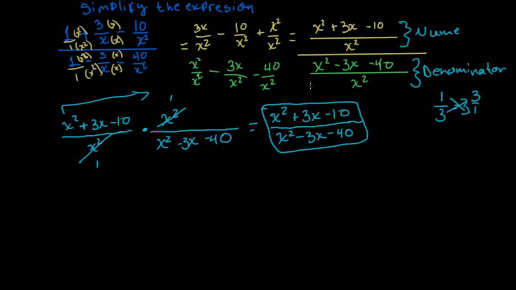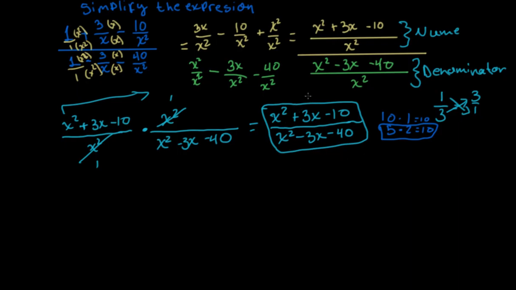The way we're going to do this is factor first the numerator, and then the denominator. So I see that 10 times 1 is equal to 10, and also 5 times 2 equals 10. And I think this one will work for us.